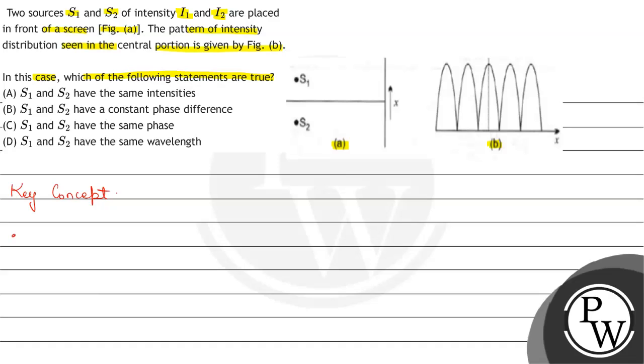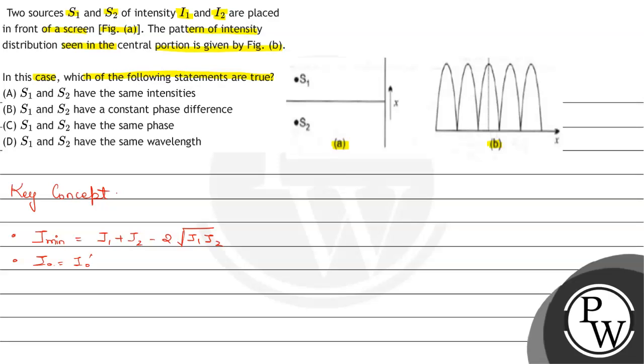The first key concept is that intensity in minimum case, in the case of destructive interference, is given by I1 plus I2 minus 2 root of I1 into I2. So this is intensity minimum. And the second key concept behind this question is that when the intensities of two sources are equal, let's say I1 or say I naught is equal to I naught dash, then the two sources are coherent.